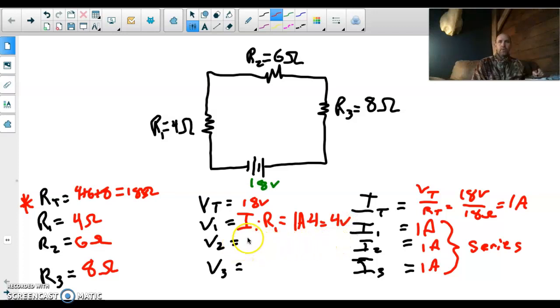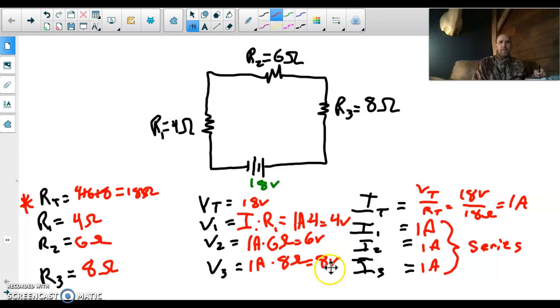Same thing at number 2. It would be I2 times R2, sorry, my fault, which is 6 volts. At number 3, we're going to take I3 times R3, and we get 8 volts.